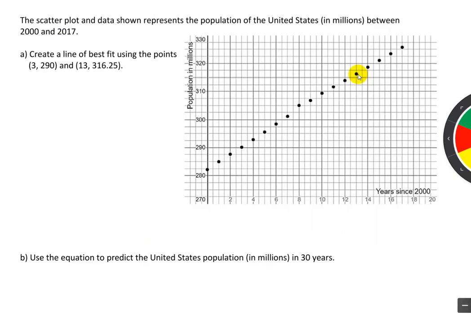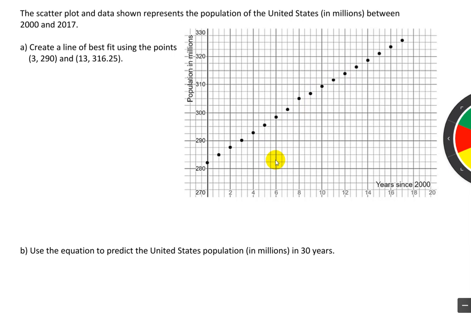Hello. All right, final problem. Let's say we have the scatter plot here, and the data shown represents the population of the United States in millions between the year 2000 and 2017. Basically, we want to create a line of best fit using certain points.